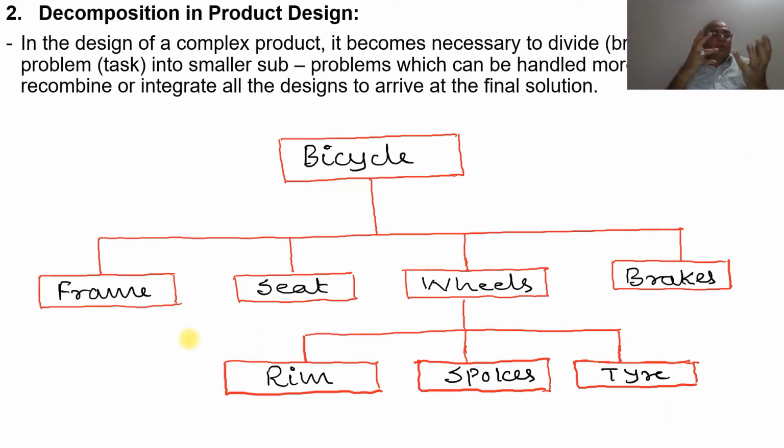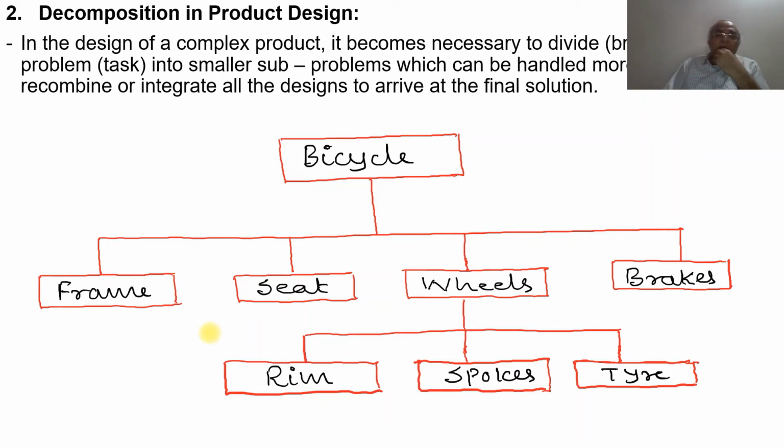Because when we take a complex product, we are going to have multiple problems. So we have to break those problems into smaller sub-problems, which can be handled separately and more easily, and then integrate them so that we will be able to arrive at the final solution. So what does it mean?